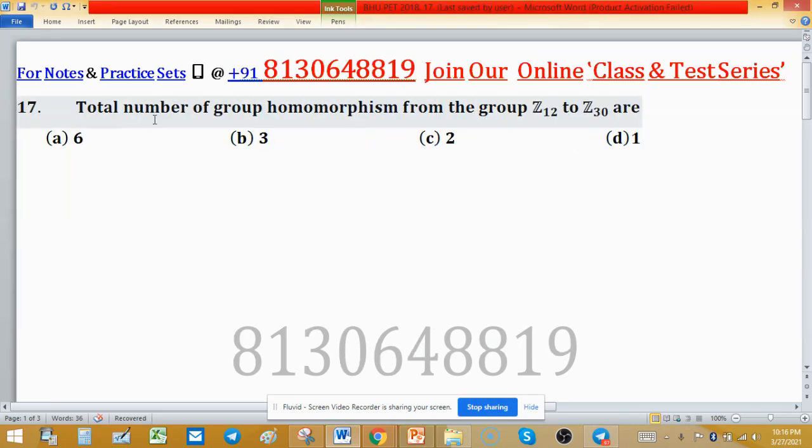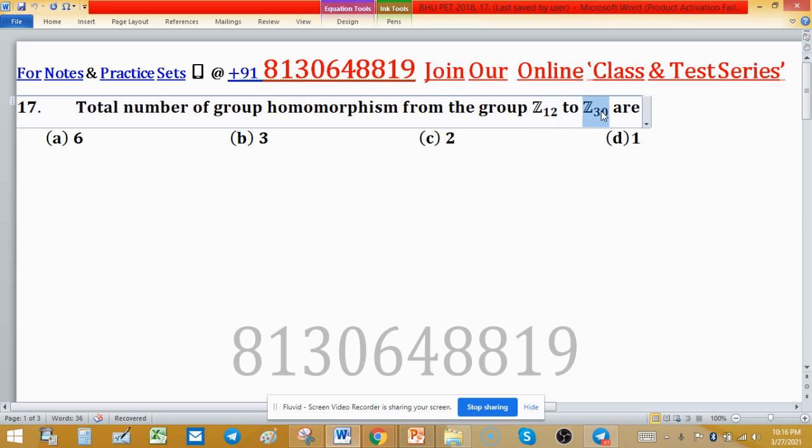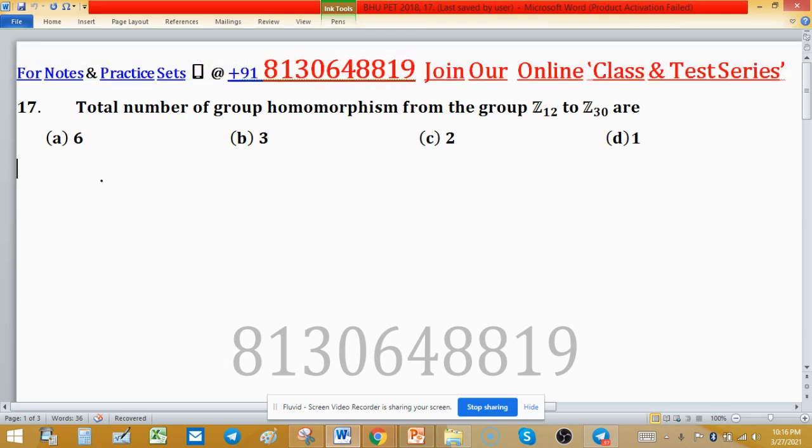Total number of group homomorphisms from Z12 to Z30, we have to find. We know that both groups are cyclic.